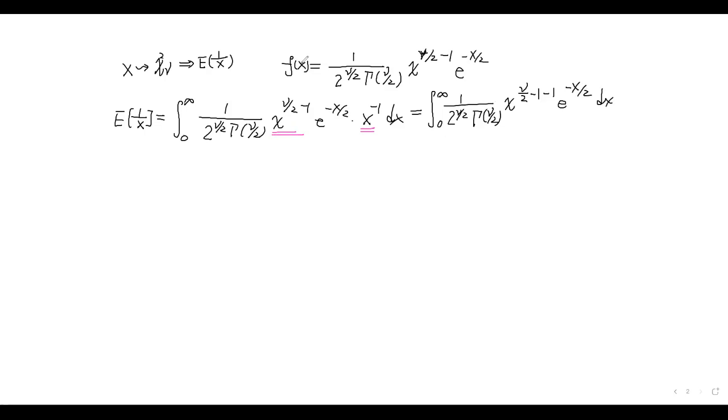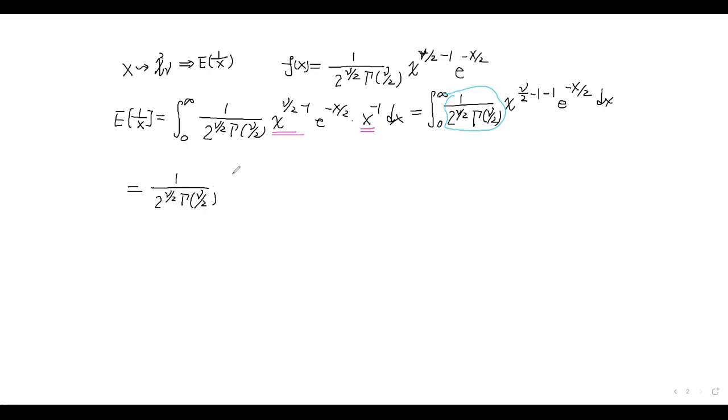Now let's move the constants out: 1 over 2 to the V over 2, gamma of V over 2.